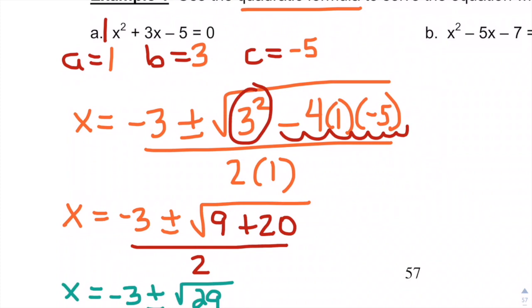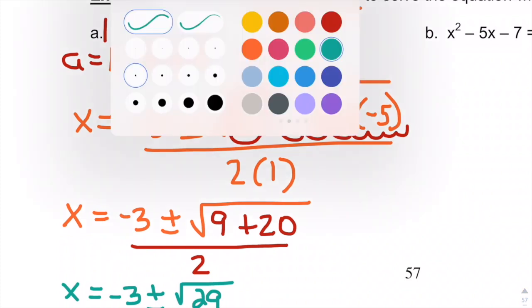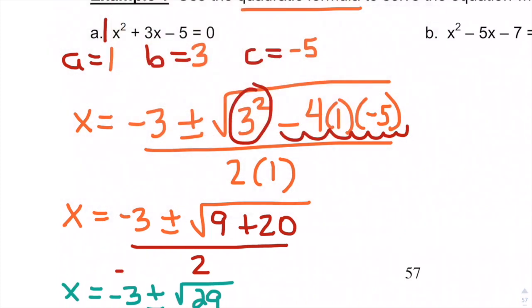The square root of 29 is just the square root of 29. And it cannot be simplified. It's prime. There's no numbers that divide into 29. So you are done with your problem. This is our final answer, which looks way different than the numbers we've been working with.